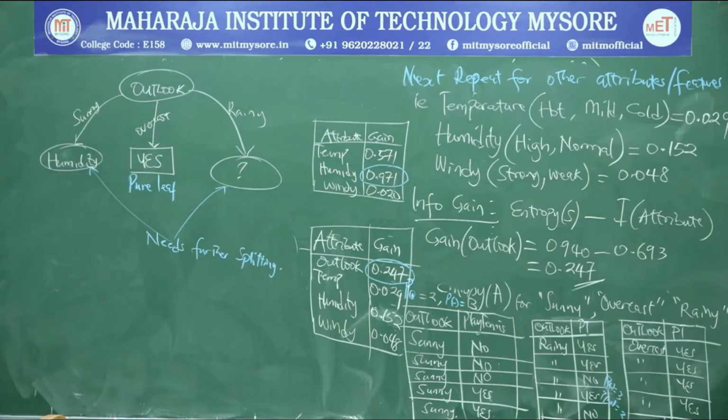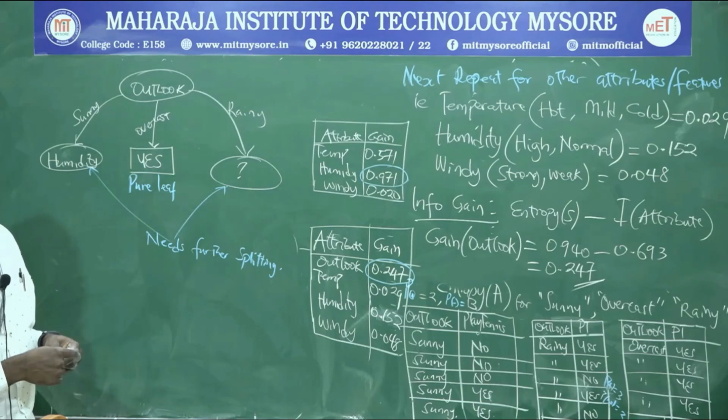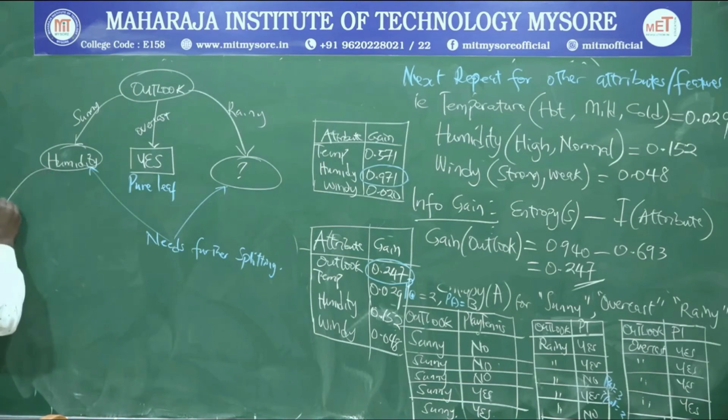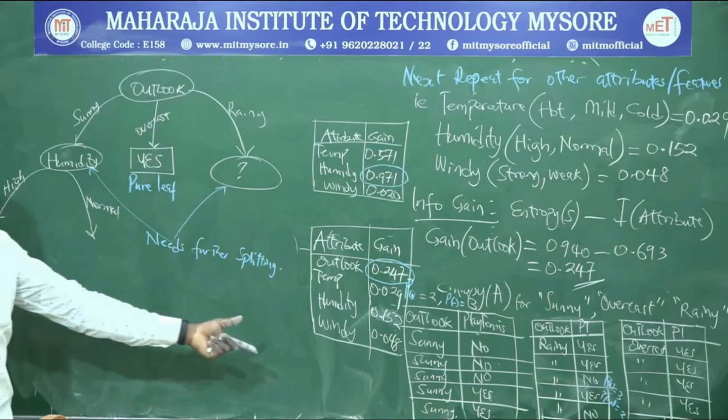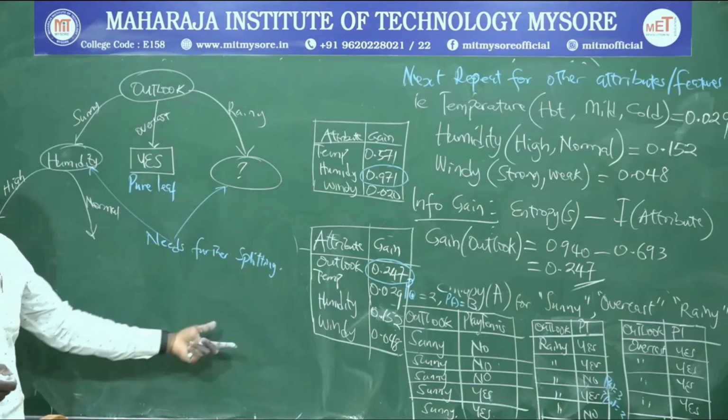Now, humidity, what are the possible attributes? Subsets of humidity. Go back to your table, you have only high and normal. So, high and normal. I didn't draw the table, okay? That's why I want you to follow along.